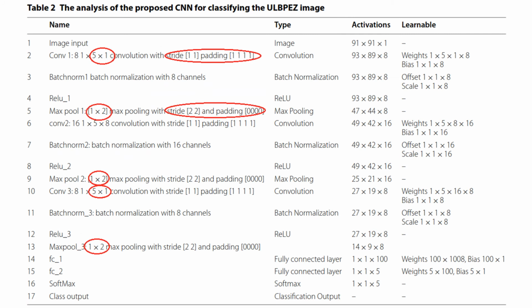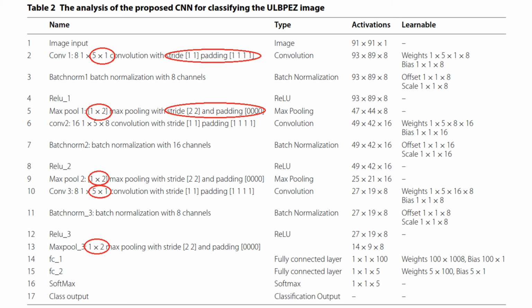The proposed CNN for classifying the ULBPEZ algorithm has 17 layers, but as shown, we used a very small filter size, 5 by 1. Why do we use 5 by 1?